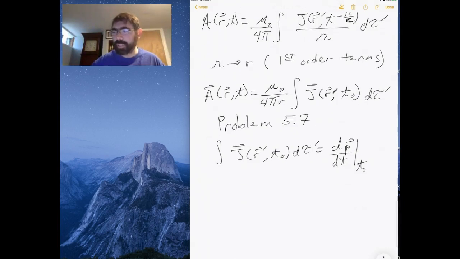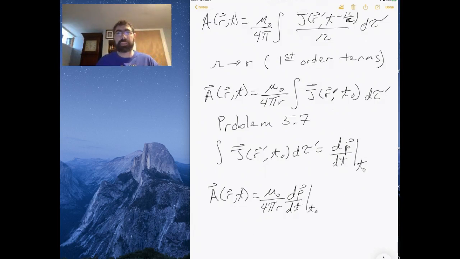Now we can write down the vector potential as mu0 over 4 pi r times the time derivative of the electric dipole moment.